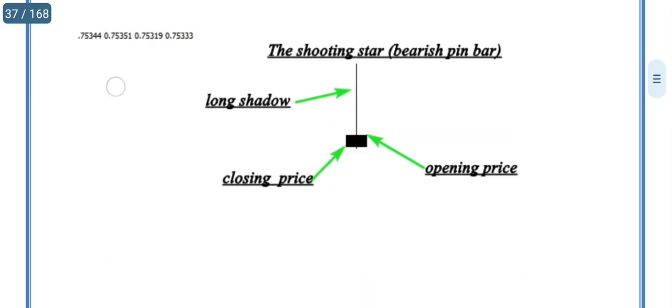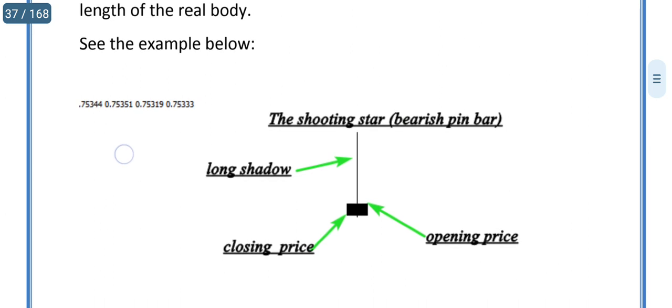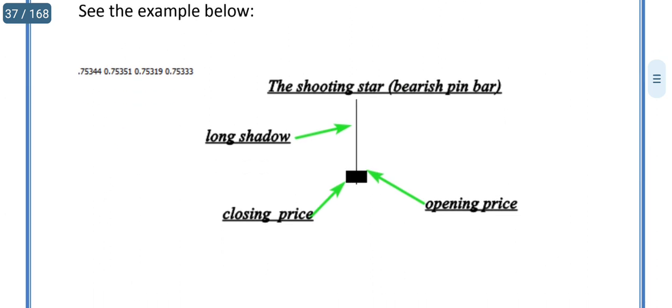You can see in the example, this is the shooting bar. It has the long upper shadow. We have the opening price and the closing price.